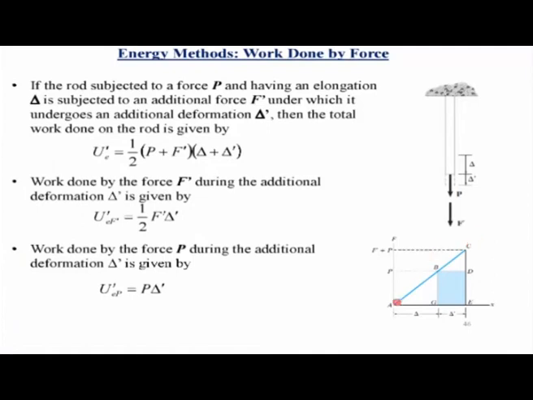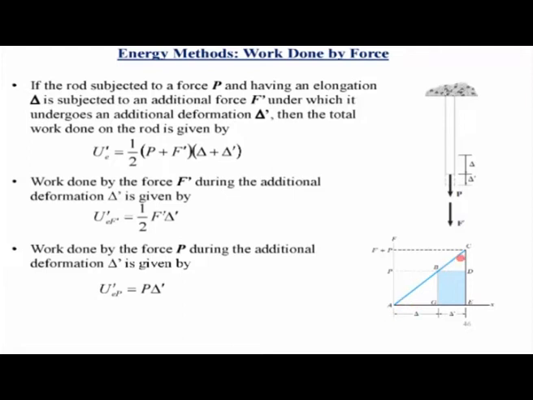So what we did is we first applied the virtual load. In this case, the virtual load is P, and the external load represents F and F dash. So the work done due to the virtual load, when you apply the external load and it undergoes this additional deformation delta dash, is P times delta dash, that is represented by this shaded area.